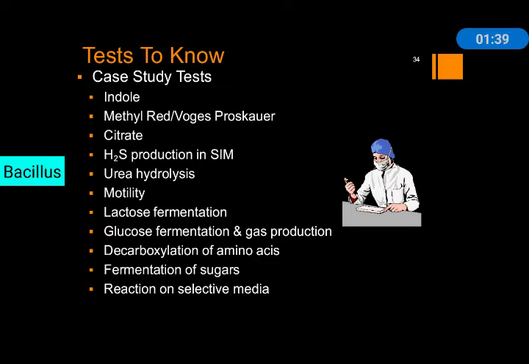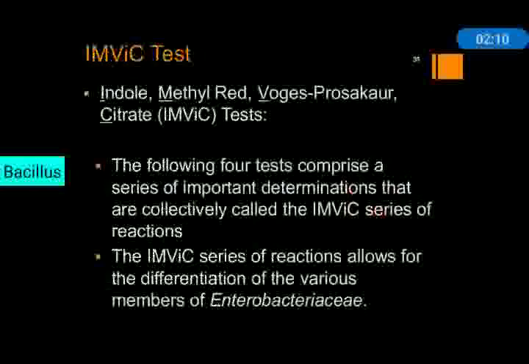Different types of tests are available. First is indole, second is methyl red, and the Voges-Proskauer. Third is citrate utilization. Fourth is H2S production, enzyme urea hydrolysis, motility, lactose fermenters, glucose fermenters and gas production, decarboxylation of amino acids, fermentation of sugars, and reactions on selective media.